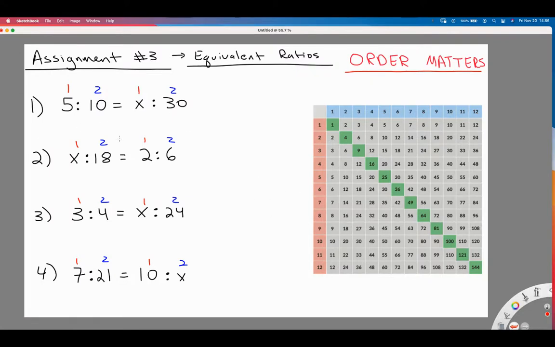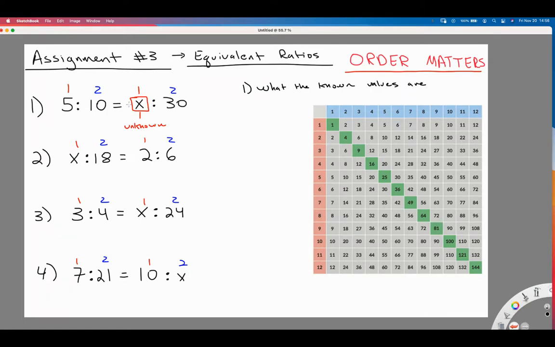Okay, so for number 1, we have the ratio 5 to 10 is equal to some number, X, to 30. X just represents an unknown. What we need to do to start is find out what the known values are.